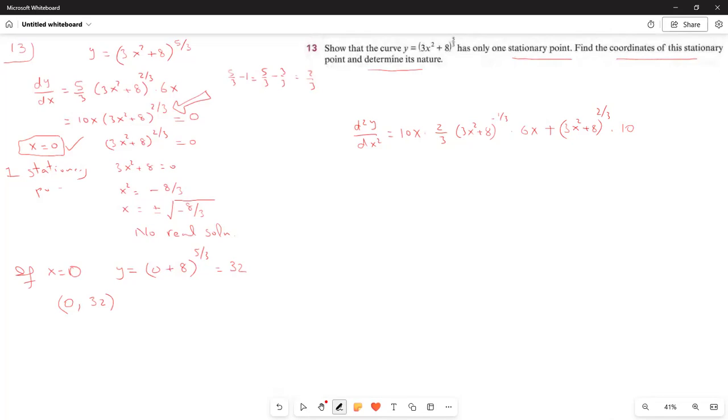Okay, so let's simplify this a little bit. 3 times 2 is 6, so I have 2 times 2, 4 times 10 is 40, and x times x is x squared, times (3x squared plus 8) to the power minus 1 by 3, plus 10 into (3x squared plus 8) to the power 2 by 3.